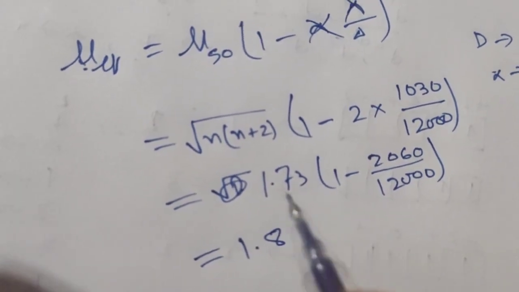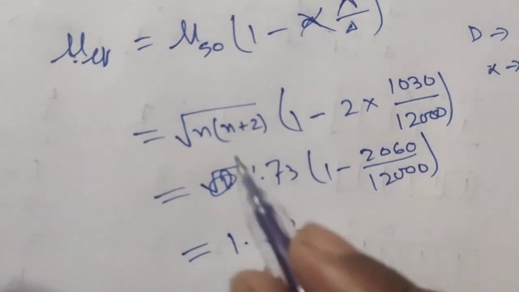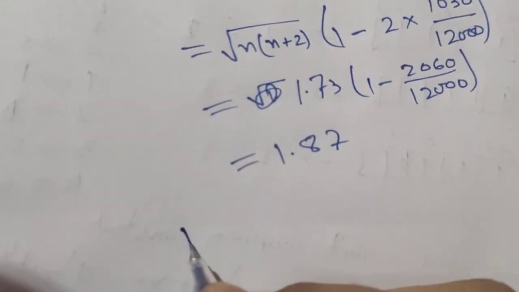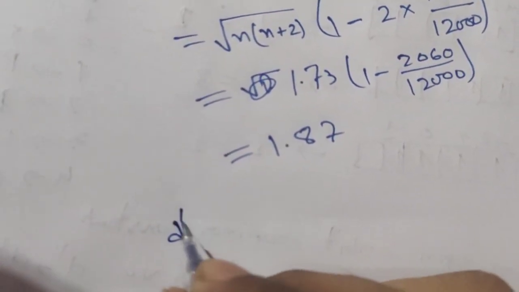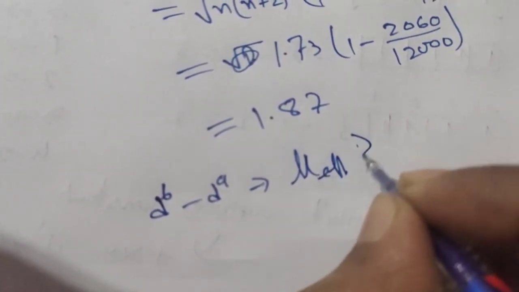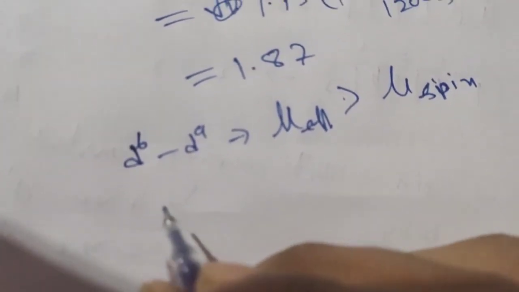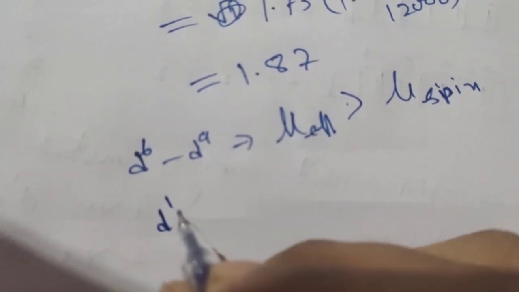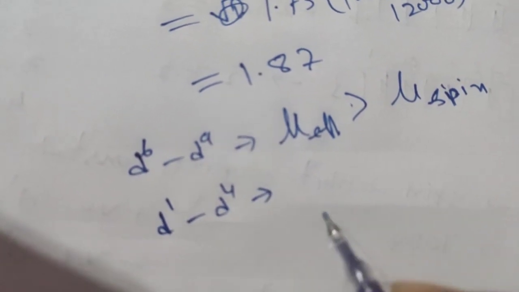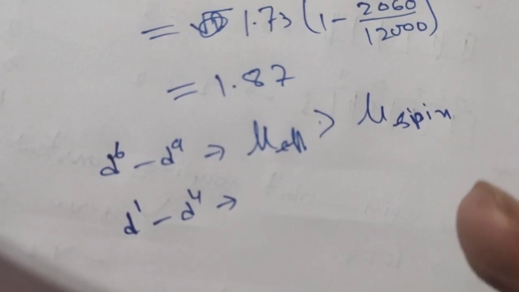So you can see that the mu effective is increased from the mu spin only. As I told you, for a d6 to d9 system, the mu effective will be greater than mu of spin only. I am writing this again just to make you remember it, because for multiple choice questions you don't need to calculate.